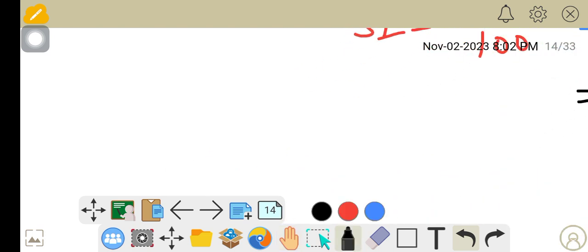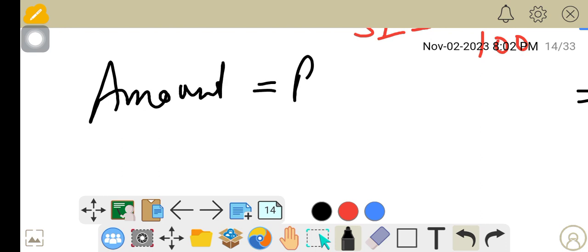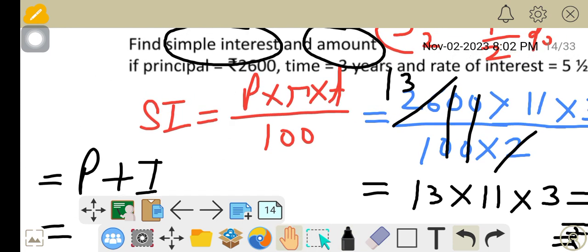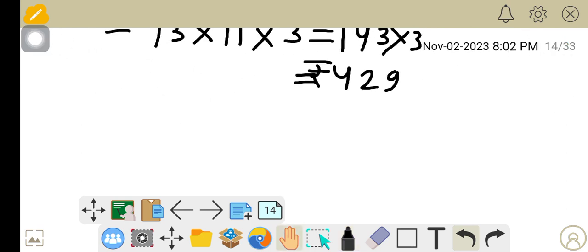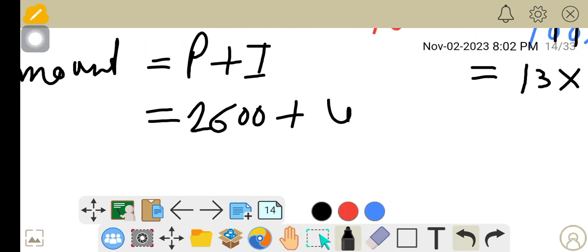Formula for amount is principal plus interest, and the given principal is 2600 plus interest has been calculated as 429 rupees. So overall our total amount is 3029 rupees.